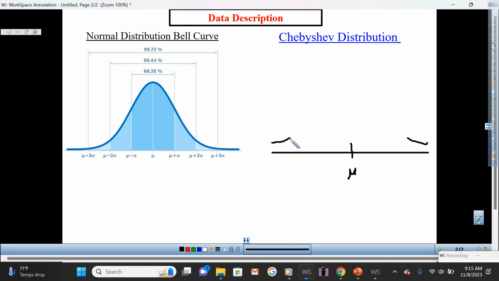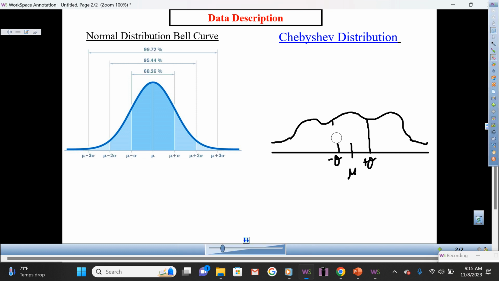All right, so here's mine. There it is. It's all warped because he said it doesn't matter. Okay? What matters, he said, is the distribution that you give it. So we know that we have here and here one standard deviation.